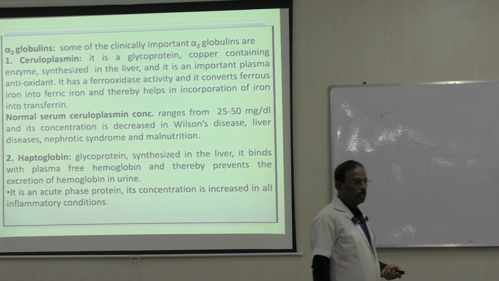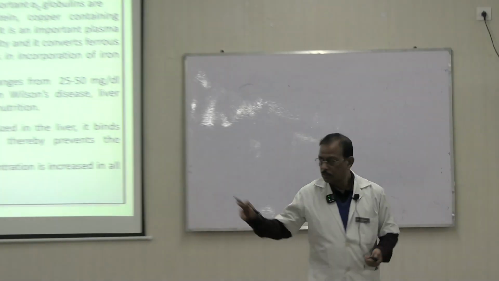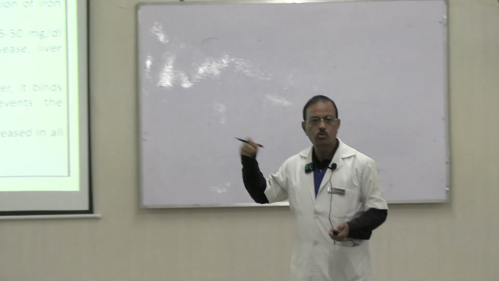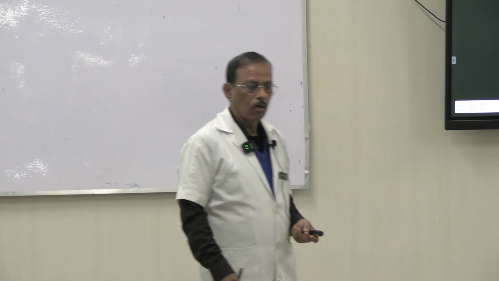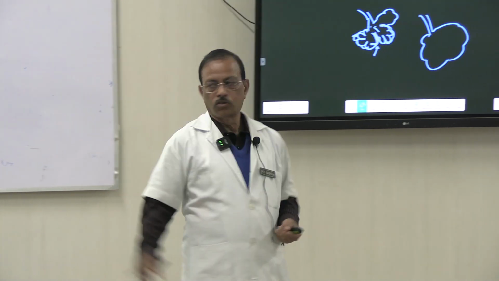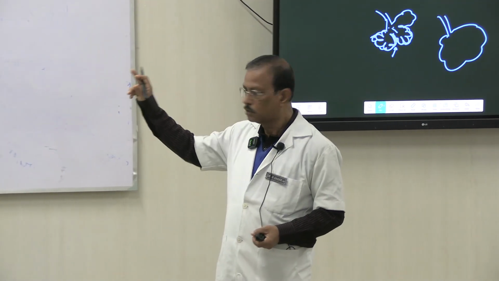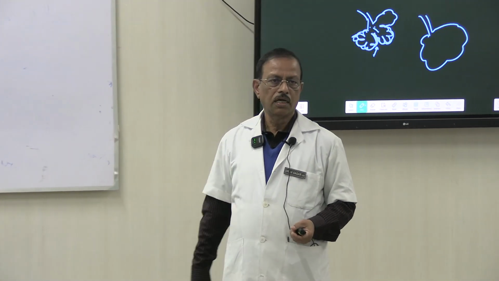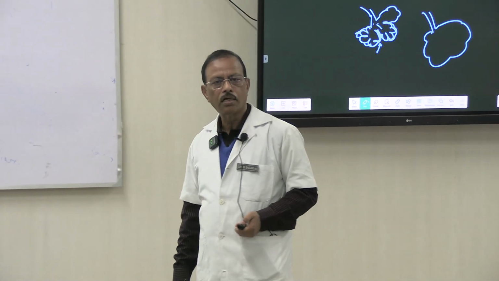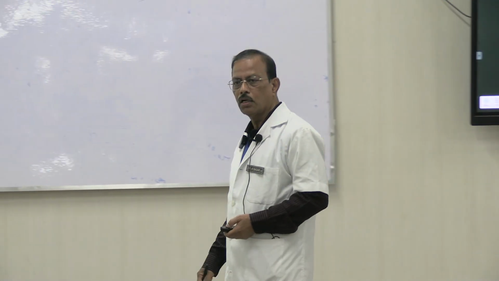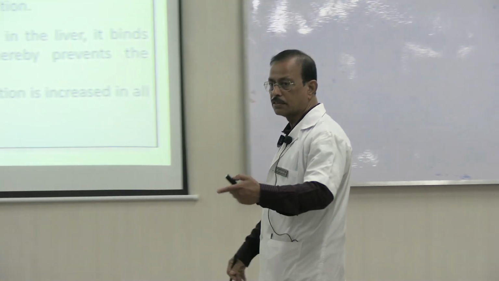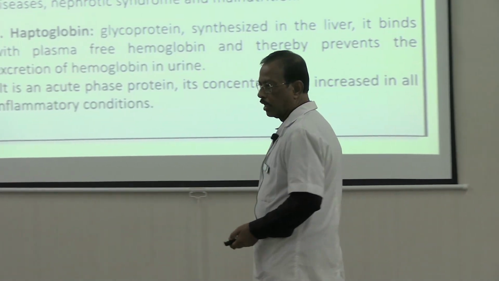Wilson's disease: this ceruloplasmin helps to throw out the copper from the body. So, when ceruloplasmin becomes less, the copper which needs to be expelled from the body is not expelled.